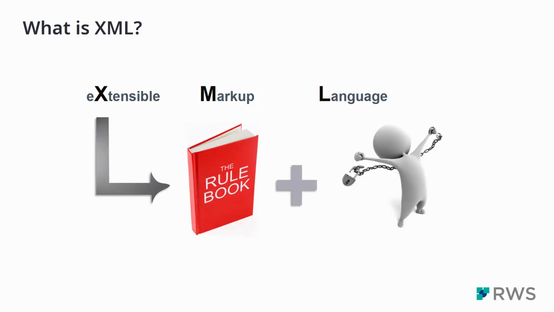XML does have rules, but the developer has got complete freedom to extend those rules and use them as he sees fit. So there are no predefined tags as you get in HTML, for example. It's essentially made up of three parts: elements, attributes, and the content. There may be a little bit more to it, but at basic level, that's it. So let's just investigate what they are.